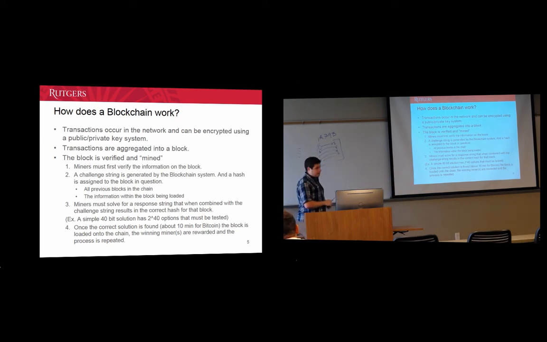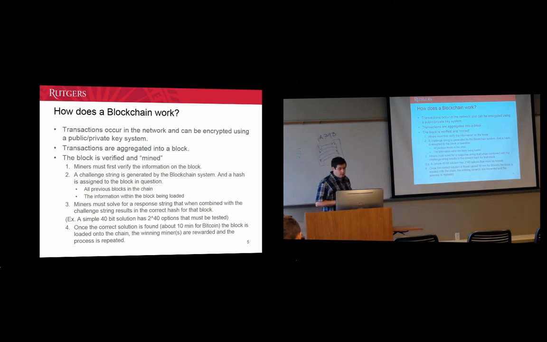So once it's generated this hash, it develops what's called a challenge string. And without going into too much detail, the idea here is that the miner has to come up with the correct response to the challenge string that, when combined within an algorithm that the blockchain uses, results in this hash. Right?